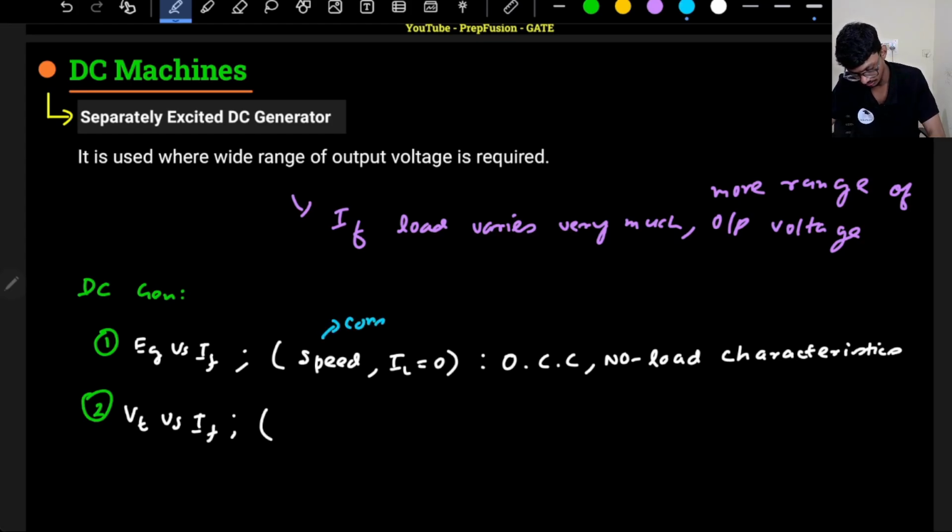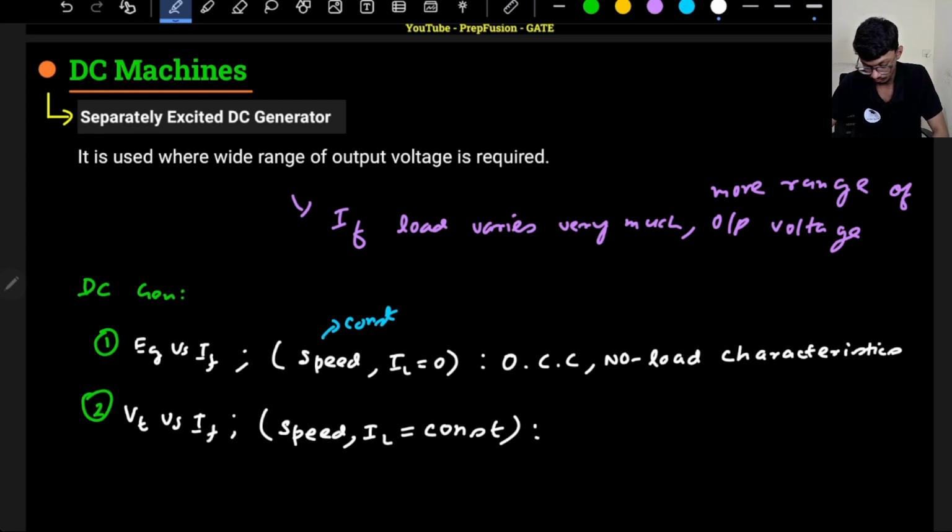Speed is constant and IL is constant. I'm varying my IF, and it is non-zero basically. IL is not equal to 0. That is also another condition.